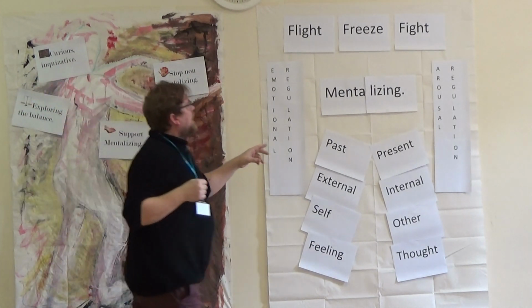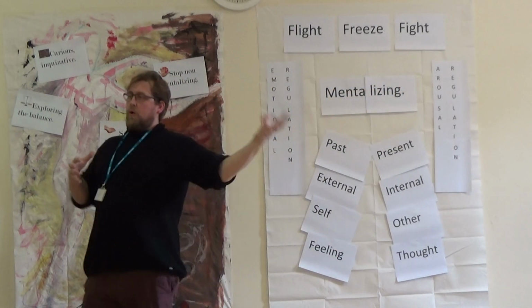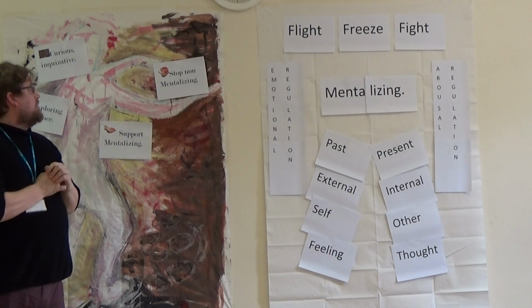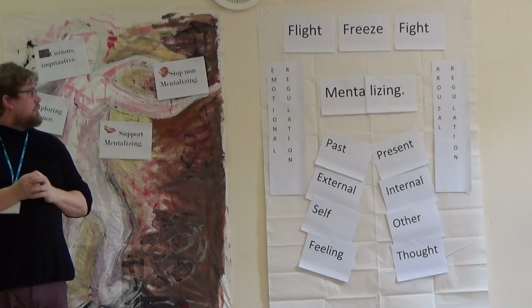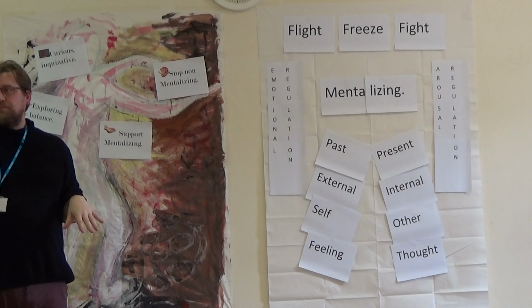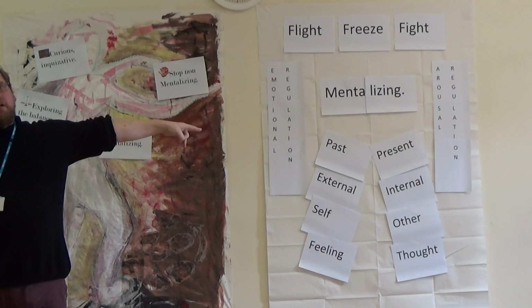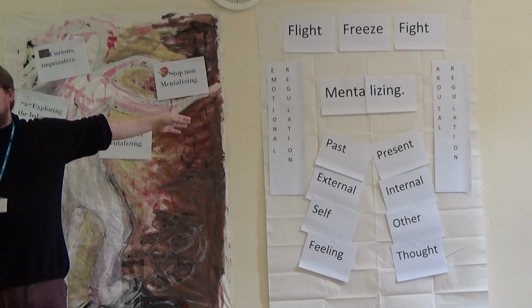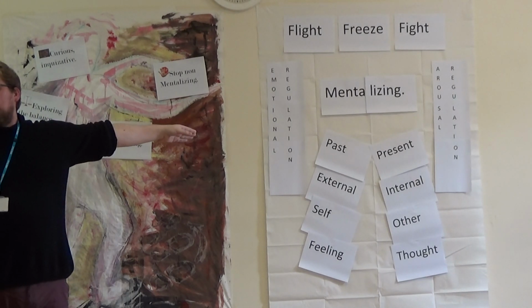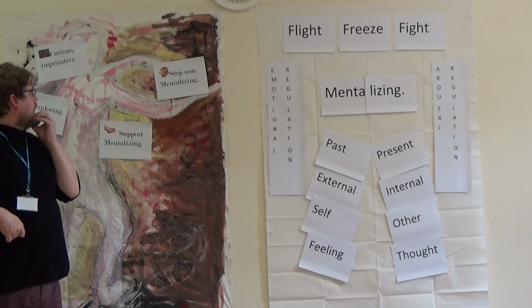So we need to be really careful that we're not giving them more arousal items to handle. We're trying to soothe, we're trying to simplify. And it might be that we need to do bits of work, we need to sort things out, but it's about timing, when they're ready. We're not trying to do it too quickly.